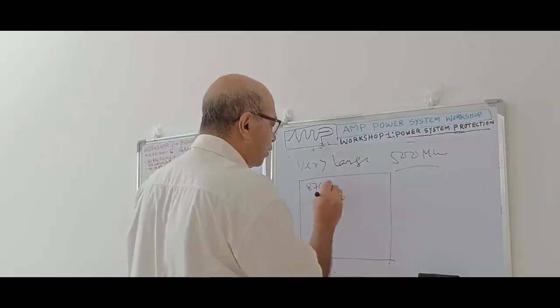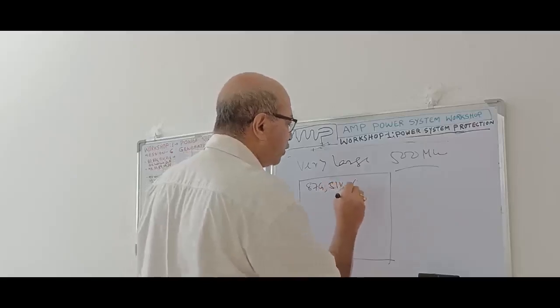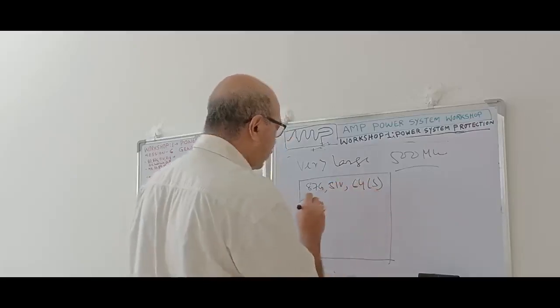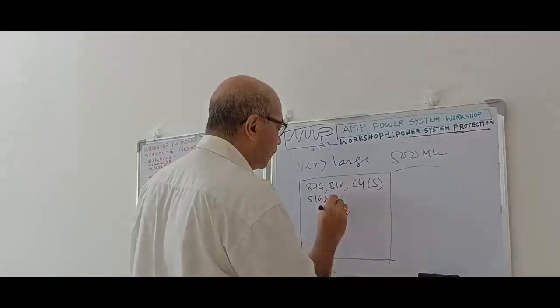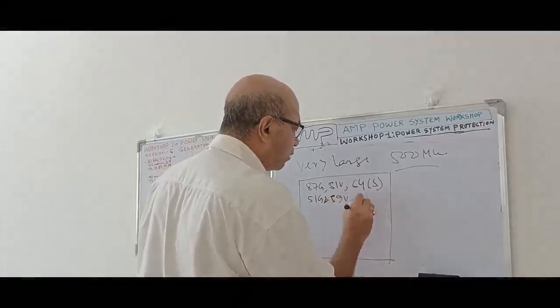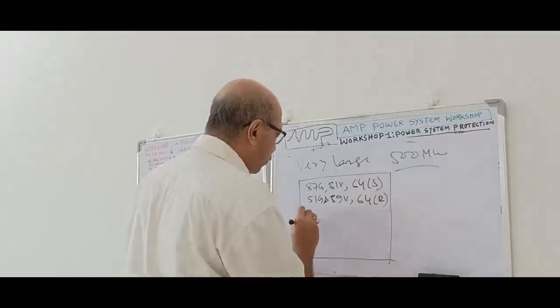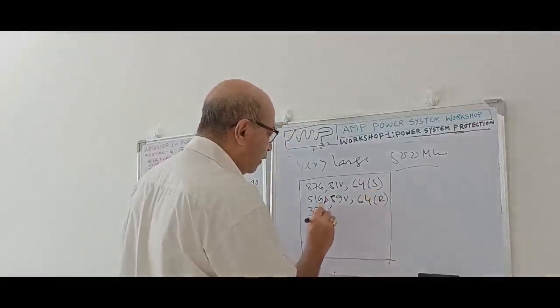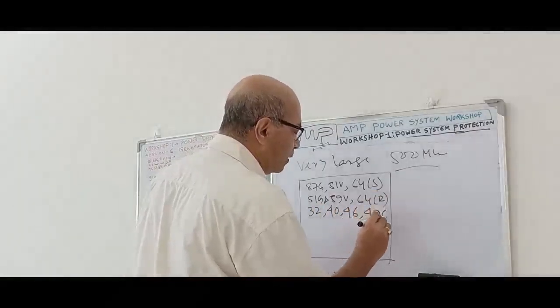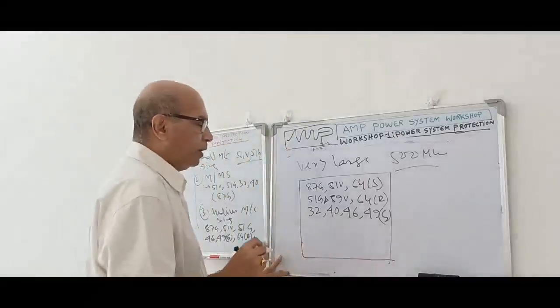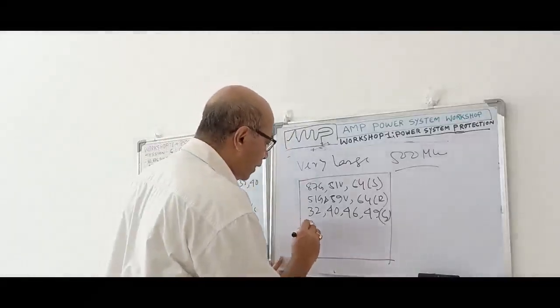backup by 51V. Then we'll give 64S, starter restricted arc fault, backup by 51G and 59V. Then we'll give rotor arc fault 64R. We give negative reverse power, loss of excitation, negative sequence heating 49G.